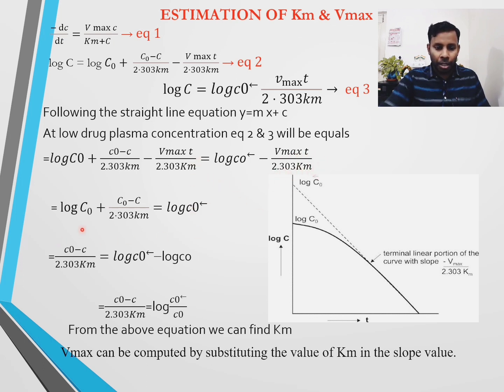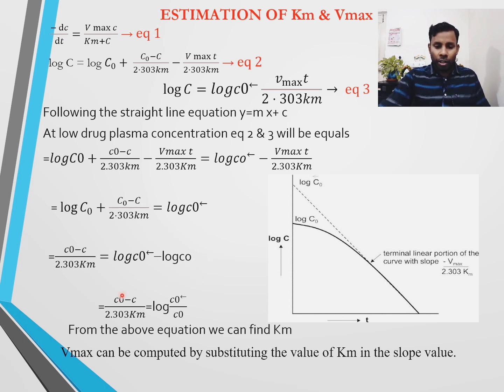So it will become log C0 plus C0 minus C by 2.303 Km is equal to log C0 back. And if you take this log C0 to this side, it will become C0 minus C by 2.303 Km is equal to log C0 back minus log C0.